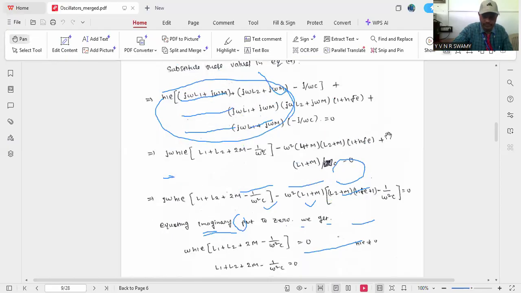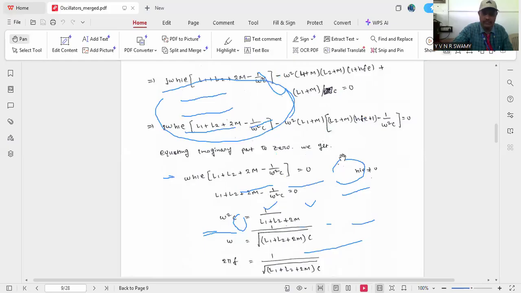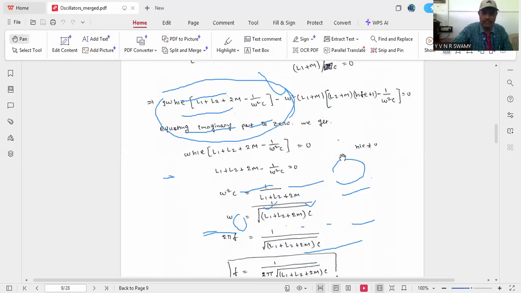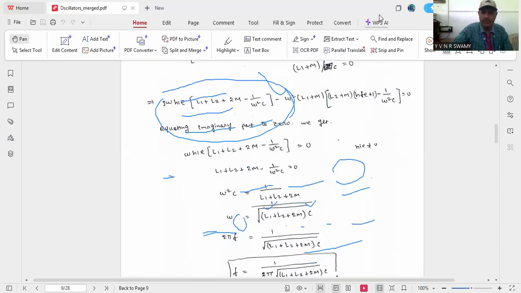Therefore, now in this equation, equate the imaginary part to 0.